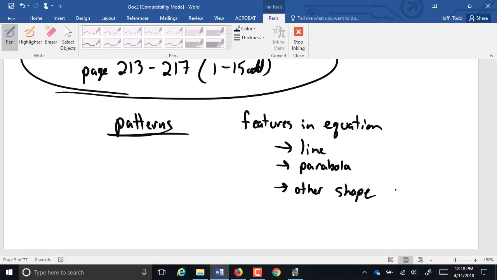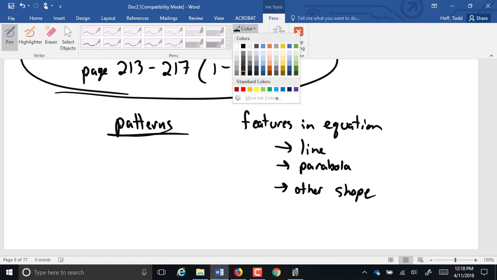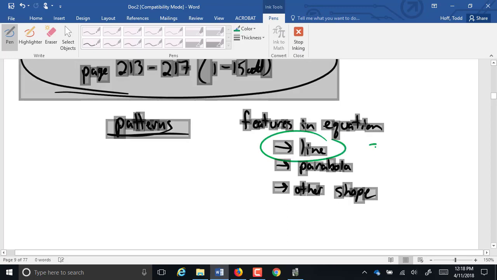If we know the shape, well, then that can reduce the number of points we might need. If we know it's going to be a line, well, a line we can graph if we only have 3 points. If we have 3 points and they all line up, we know that's our line. A parabola, well, we might need a few more points, but there are features of a parabola that help us to graph it quicker if we know that's the shape we're looking at.